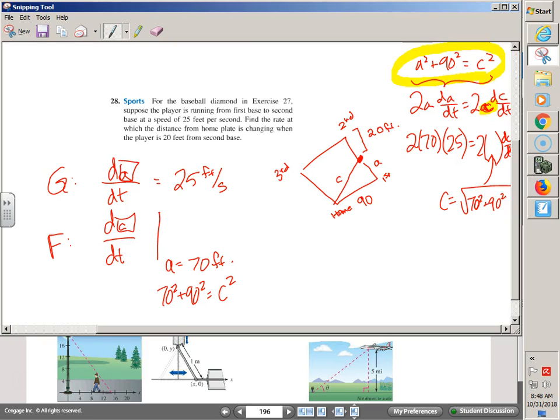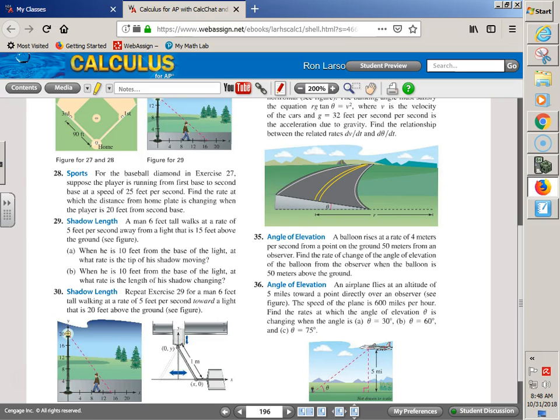Okay, anything else from the test review or section 2.7 that I can answer for you? Which one? 29? Oh, now we get to the data one. It's a great question, Rachel. I just really wish it was yesterday or earlier today.